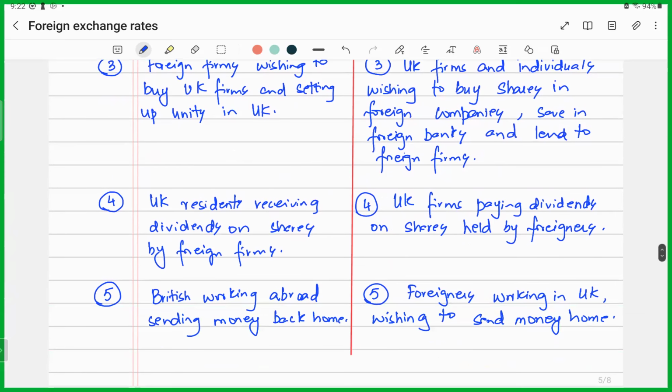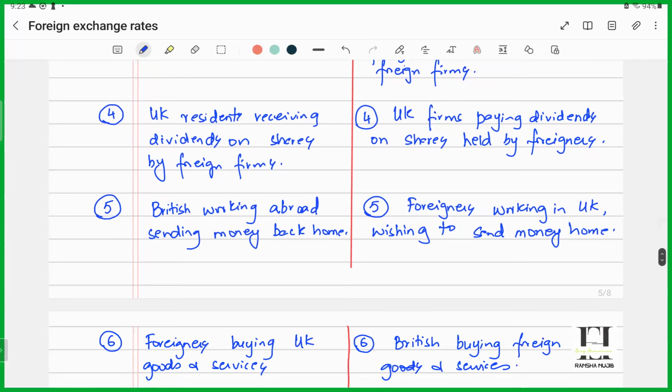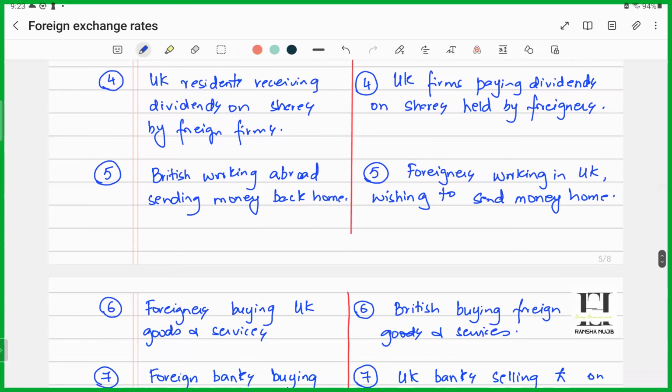Or it could be UK firms who are paying dividends on shares held by foreigners. So if there are firms who want to pay their foreign investors their share of dividends, they would be converting pounds into the respective currencies and giving it to foreigners. Again, foreigners who are working in the UK and wish to send back money home would also be selling pounds.